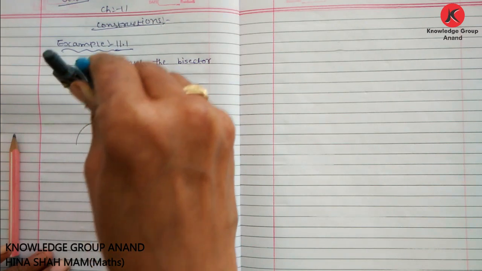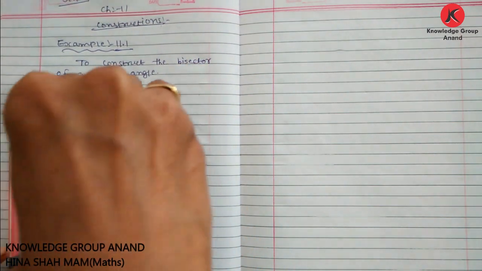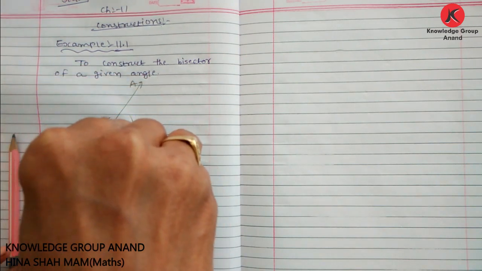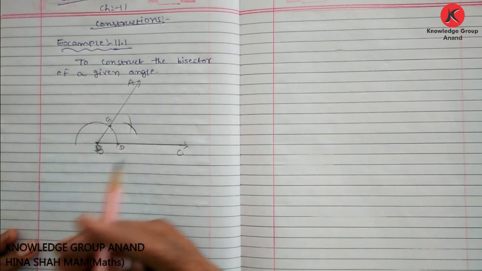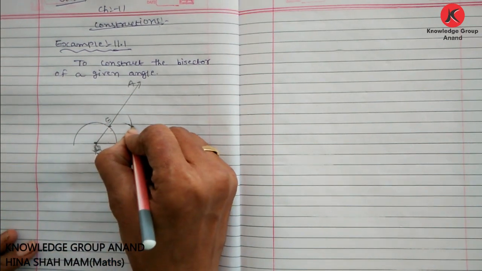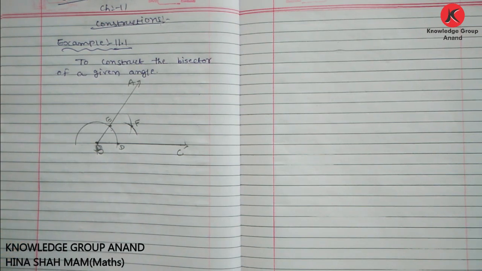Don't change the measure, put E as center and take this radius. They intersect each other at point F.